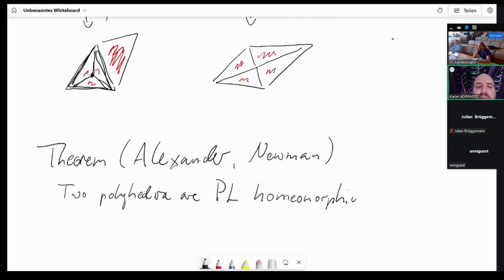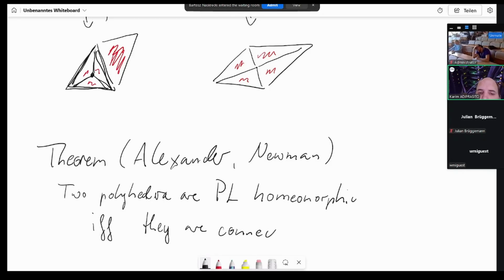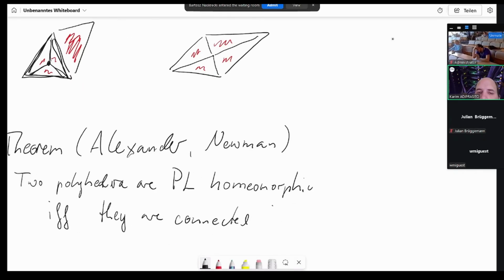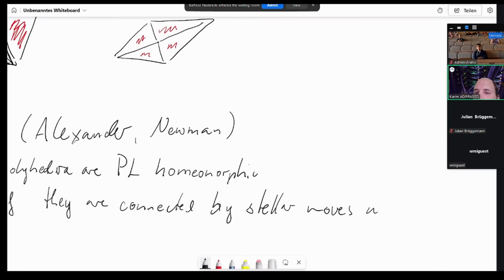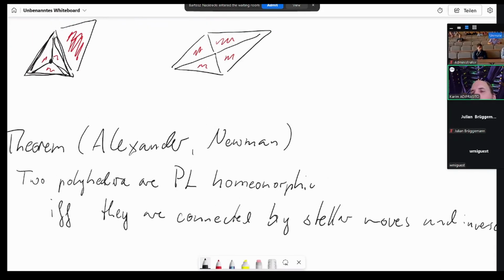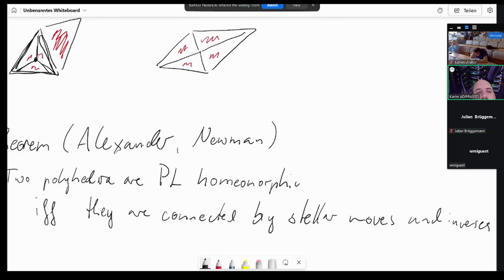It's a piecewise linear map if and only if they are connected by stellar moves and inverses. Okay. So this is the theorem.